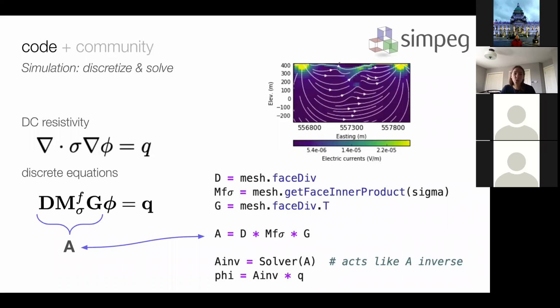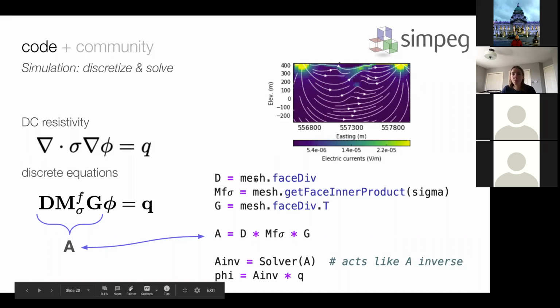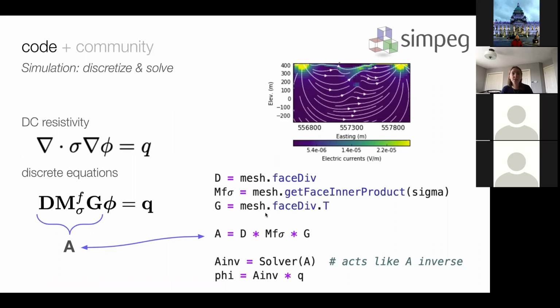One thing that's kind of cool, you'll notice here, there's nothing that's actually specific about this being any given mesh type. What I showed you in the previous slide is called a tensor mesh, but we also have tree meshes or cylindrical meshes. As long as those are implemented with the common set of methods and properties, we can actually swap out and use different mesh types. This is one of the things you're thinking towards when you hear about modular software design, or an API, an application programming interface.